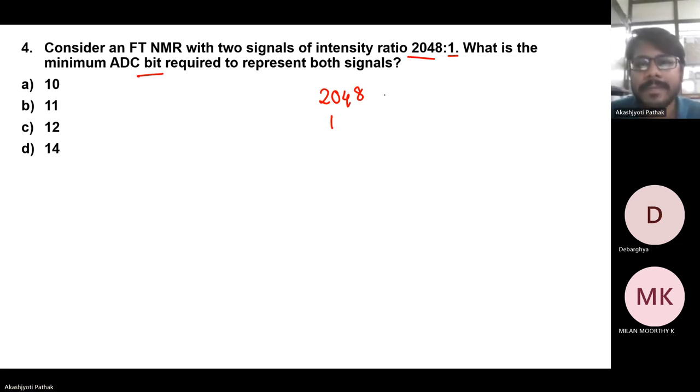Okay. So try this question. Basically, the dynamic range of the FT-NMR is given.